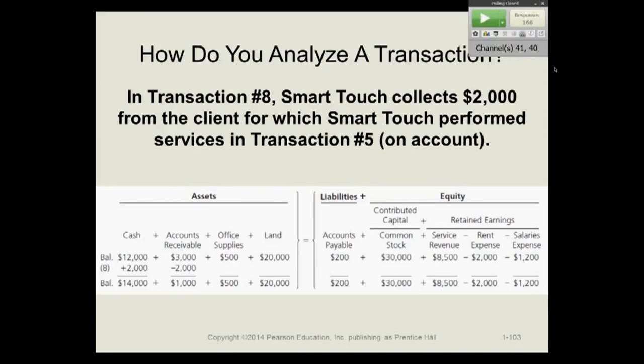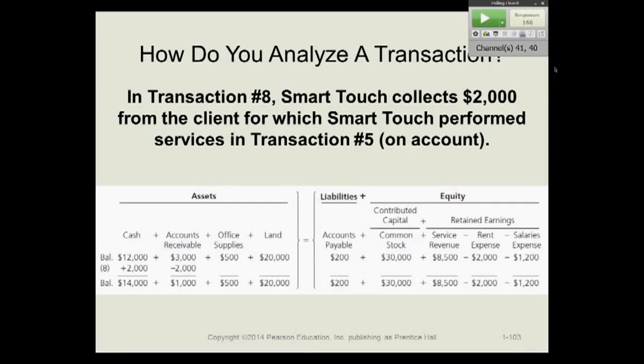Transaction 8. Now they collect services from the client that they had an accounts receivable. So you're collecting an accounts receivable. Here's an important point. In transaction 8, make sure you realize that this is not revenue. You're collecting something on account. So you increase the asset cash, you reduce accounts receivable.